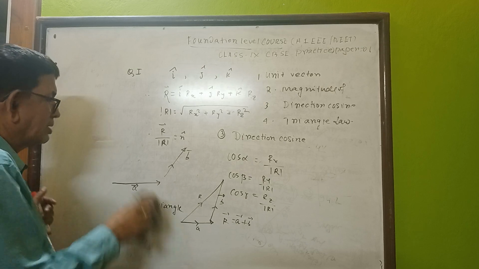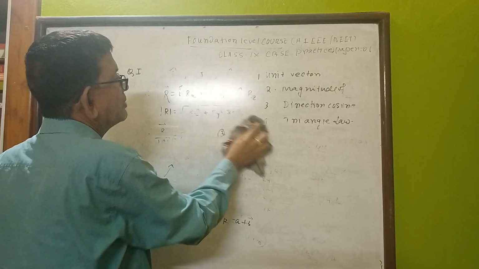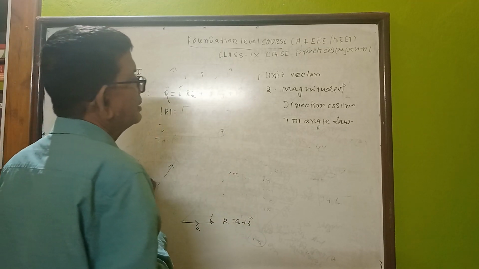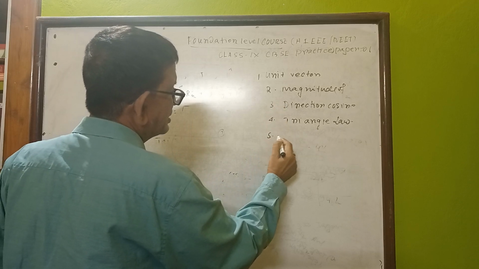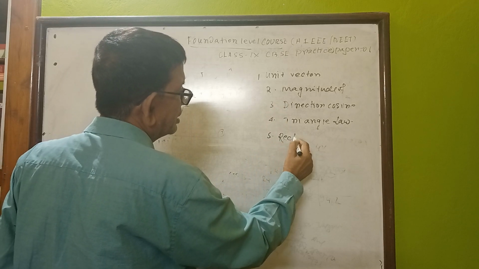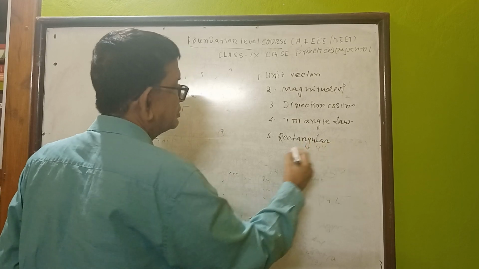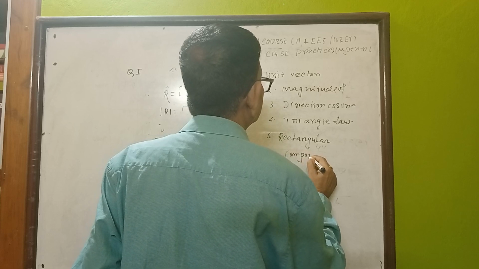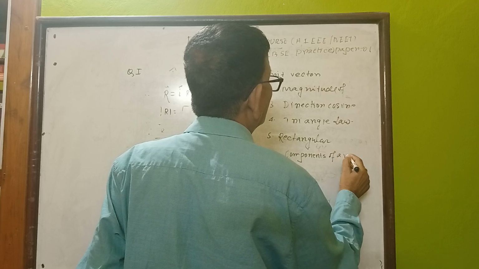Now I am clearing the board. Next I am going to teach you. This is 3, that is 4. Now 5 is rectangular components of a vector. Rectangular, very important, rectangular components of a vector.